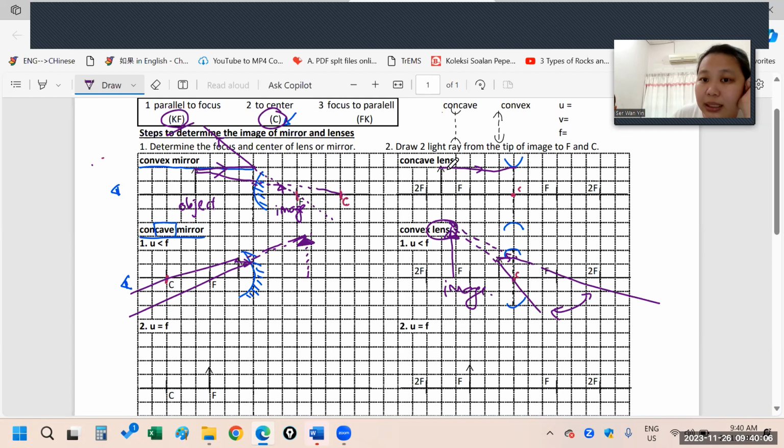Then this one, K, this is a lens. We use the F in front because it will diverge the light. But how much it diverges depends on the F. Then F, C directly goes through C. So here is your image.